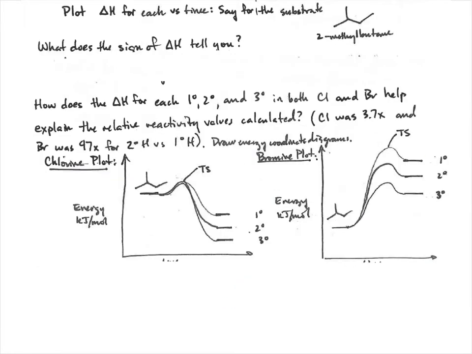So the next thing says plot the delta H for each versus time for the substrate indicated. Let me draw that substrate again so it's more on the screen and we can see it. So there's 2-methylbutane.